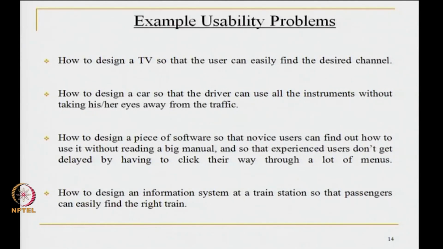Now, here are 4 examples which would touch everyday life, which would touch most people who can afford, say, a TV or a car or a software, and indeed even those who can't afford these gadgets will have to deal with, say, travel issues, and therefore would need to get onto a train.